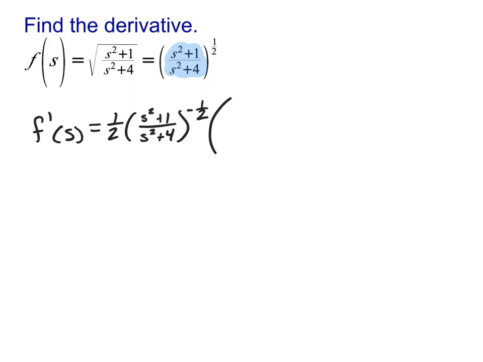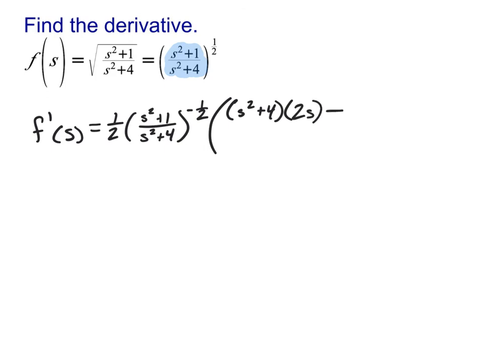All right, so when we go to start using quotient rule, remember, low d high minus high d low all over square what's below. So low, that's going to be the s squared plus 4, d high. So the derivative of s squared plus 1, that'll be 2s.